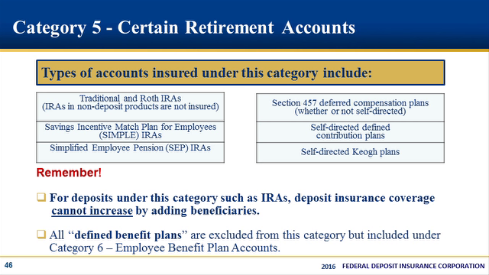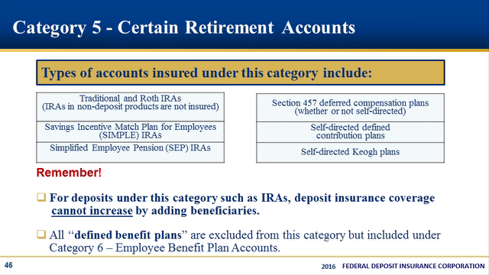While IRAs are the most common form of self-directed retirement plans under this category, it is important to recognize that self-directed defined contribution plans are also included. A common misunderstanding about retirement plans insured under this category is that adding beneficiaries will increase coverage, similar to deposits that are revocable trusts.